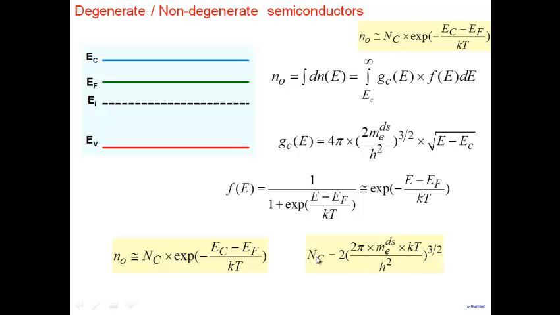Temperature and all that, but can you see where does the nature of a semiconductor come into play? NC is different for different semiconductors. Where does it come into picture? Effective mass. So now think about it. You are getting in indium arsenide very high mobility because of effective mass being low. Effective mass becomes low, what will happen to NC? NC will become low.